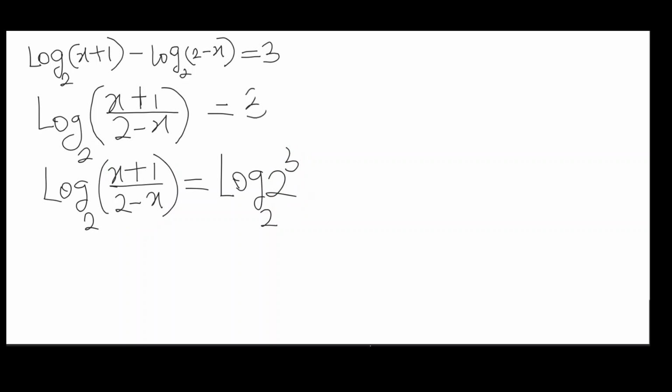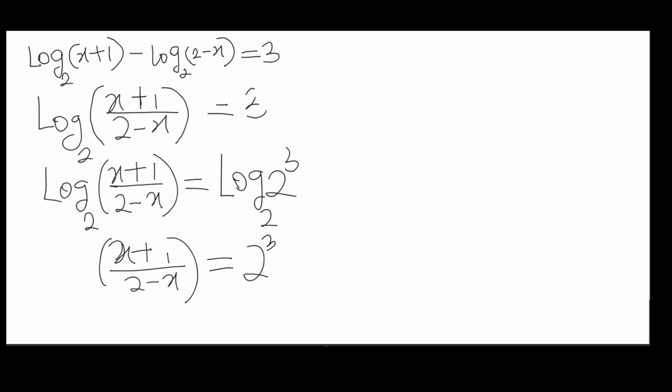So we start working with the argument which both logarithms possess, because this is an equation. So in this case, we can easily say (x + 1)/(2 - x) equals 2 to the power of 3, as we have here. So this is well established now.